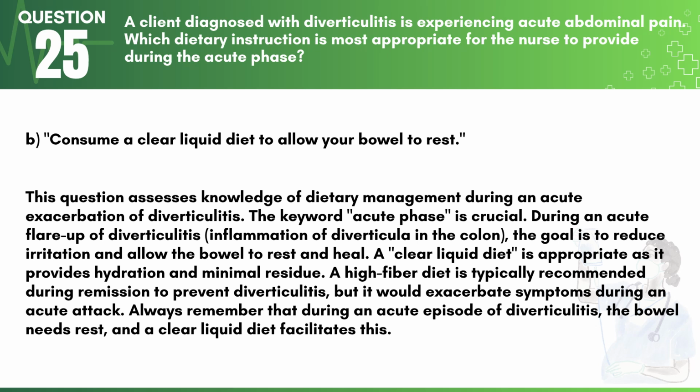A clear liquid diet is appropriate as it provides hydration and minimal residue. A high-fiber diet is typically recommended during remission to prevent diverticulitis, but it would exacerbate symptoms during an acute attack. Always remember that during an acute episode of diverticulitis, the bowel needs rest, and a clear liquid diet facilitates this.